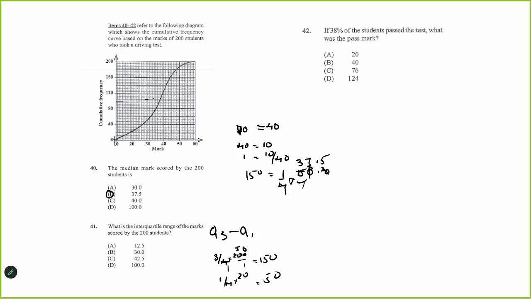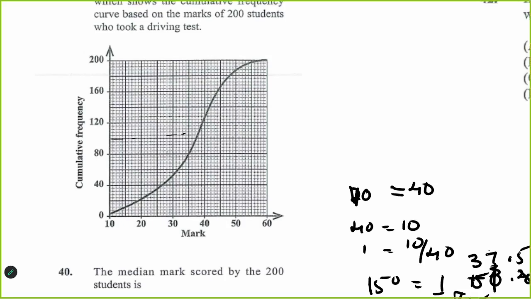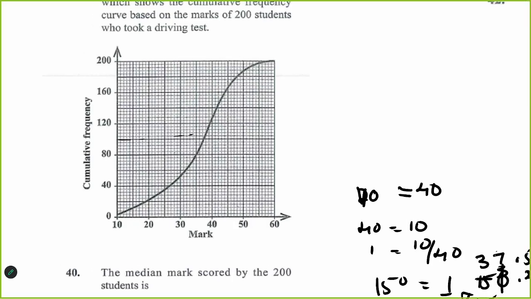So that, yeah. 5, 10, 15, 20, 25, 30, 35. I need to zoom up because I kind of, right, so it's 37.5. This is 10, 20, 30, 35, 36, 37.5. So it is right there.